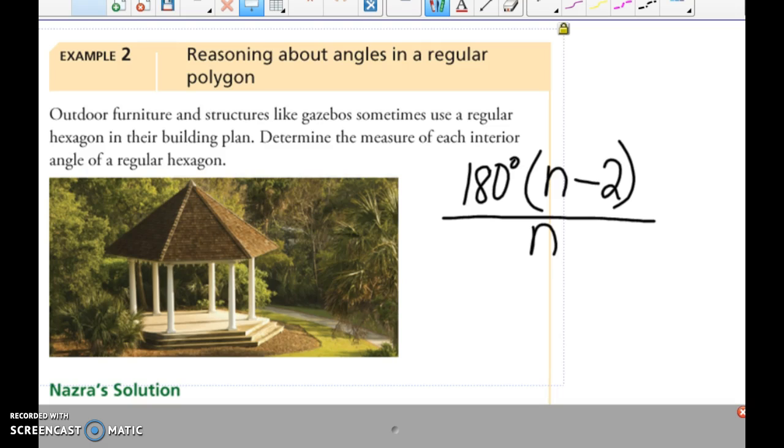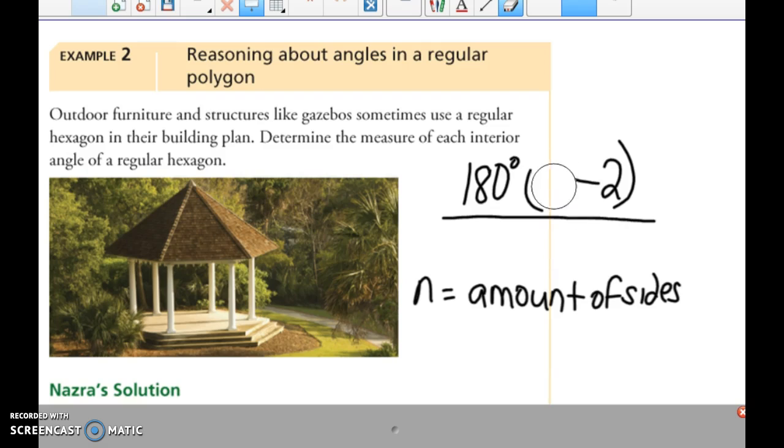N is always the amount of sides. So in this case, we're talking about a hexagon. A hexagon has 6 sides. So we will replace our n's with 6s.